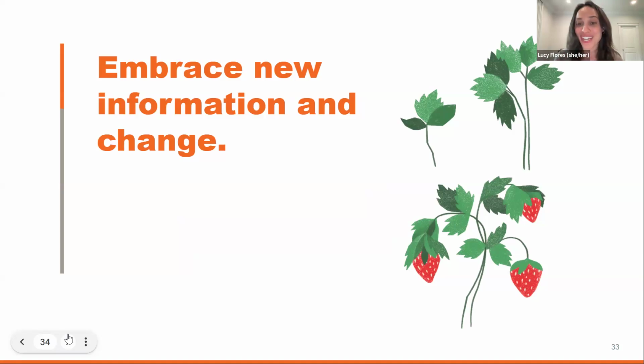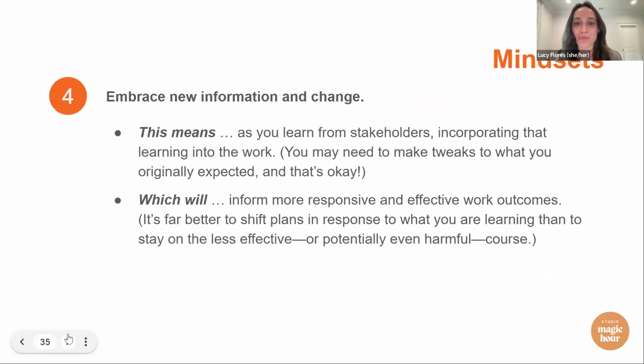But it can be challenging when we feel pressure to stay the course that we set out at the beginning of a process, but we can't meaningfully serve others if we aren't adjusting our work based on new information and learning, right? So if we move on to the next slide, we can see that embracing new information and change means, as we learn from interest holders, like community members, actually incorporating that learning into the work.